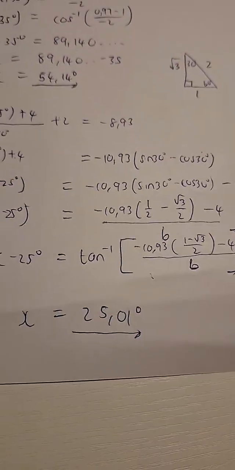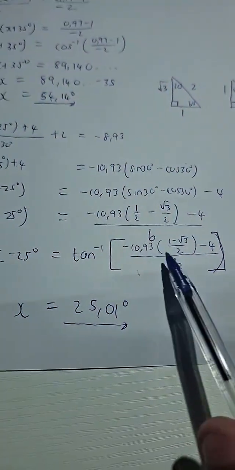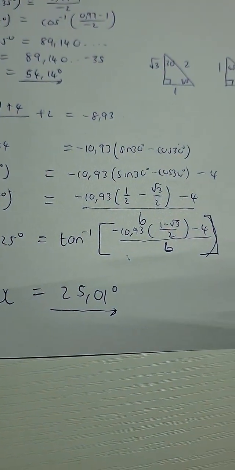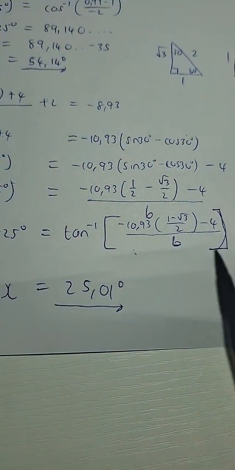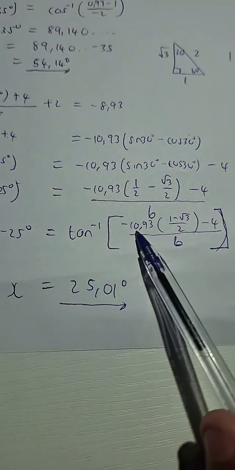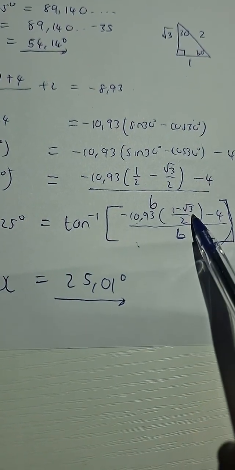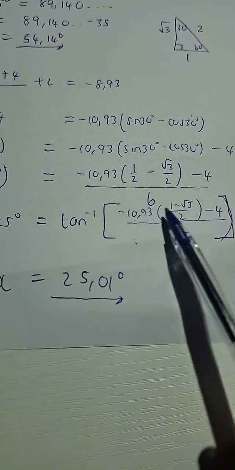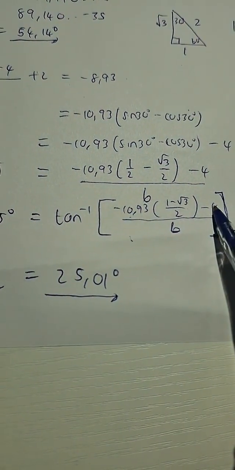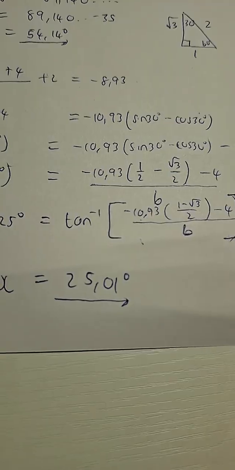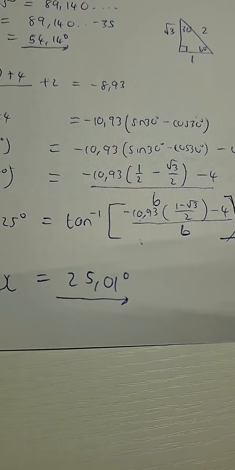I was wondering what was happening here. Okay, so at the end of the day, I just got freaked out by the scientific notation that I saw. So negative 10,93, I need to just multiply by what is in this bracket. I get that value, then I subtract 4, then I divide by 6. You're going to get a scientific notation value.